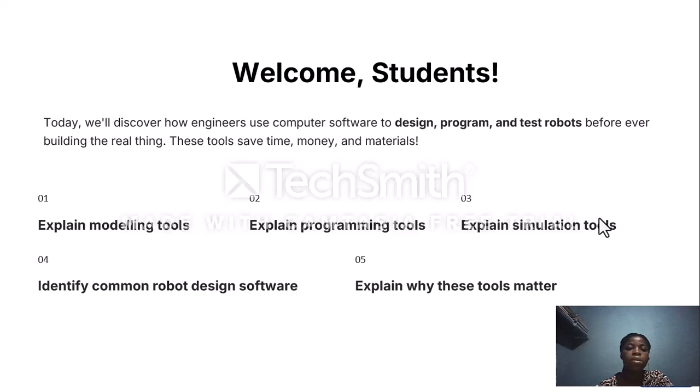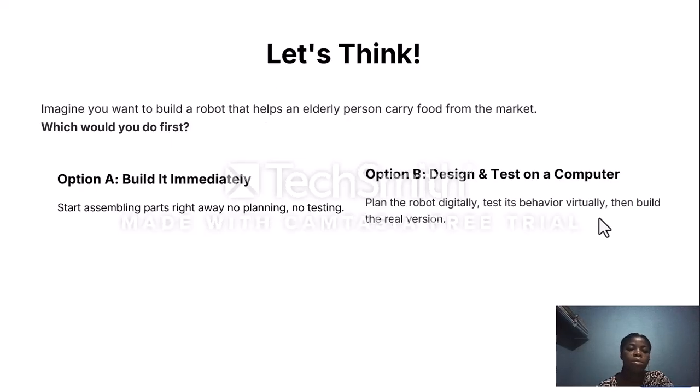So let's think of this exercise. Imagine you want to build a robot that helps an elderly person carry food from the market. Which of the options will you go for? Is it option A, which is build it immediately, or option B, which is design and test on your computer?